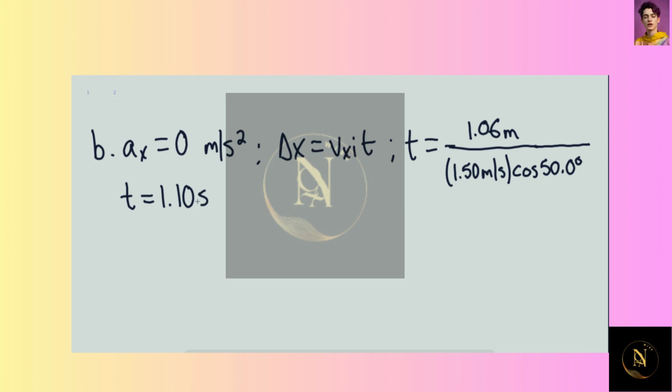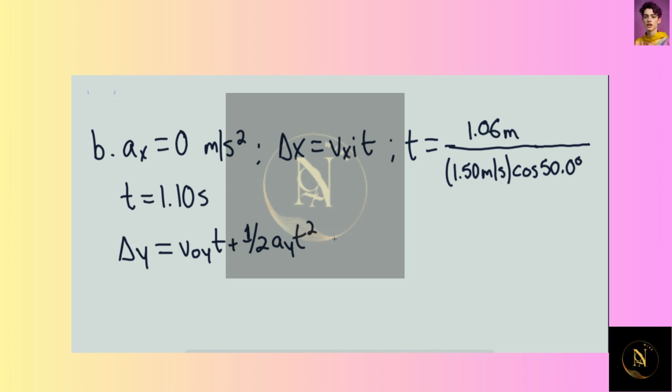And now we can find the vertical displacement of the grasshopper at 1.10 seconds. We can simply say delta y equals the initial vy times t plus 1/2 a sub y t squared.